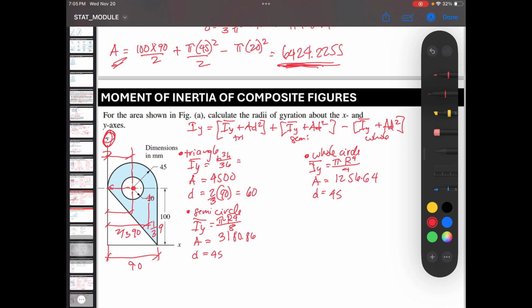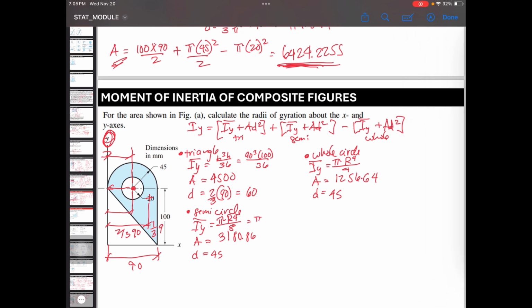Ano ang Iy na to? Nasaan tayo? Big triangle. So, ang b cube dyan is yung 90, and then, h niya is 100. Ito, yung kanina sa triangle, I hope na gets nyo bakit.